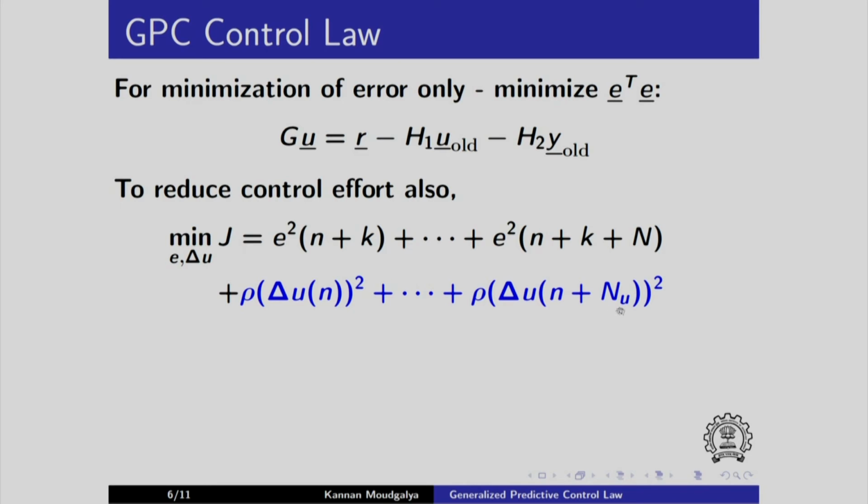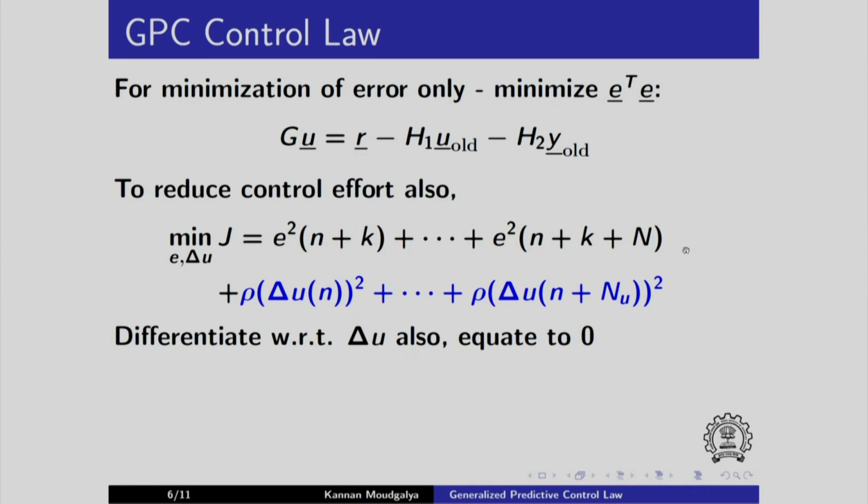I have kept this as nu, whereas I have replaced ny with n as mentioned earlier. To minimize this with respect to delta u also, let us differentiate with respect to delta u, equate to 0. We get an equation of this type containing only delta u terms.